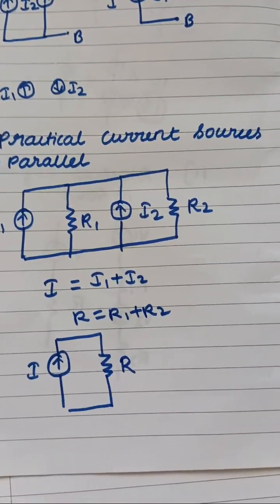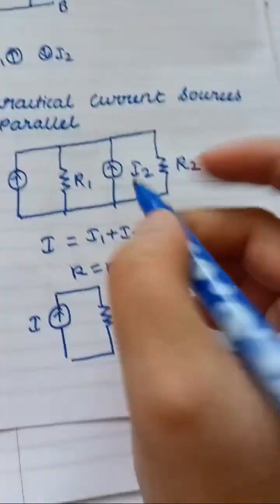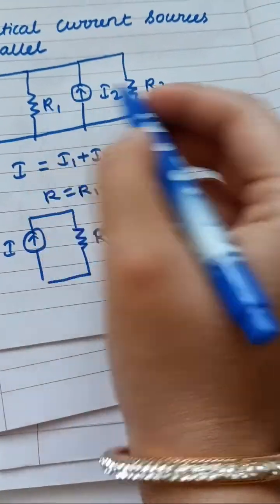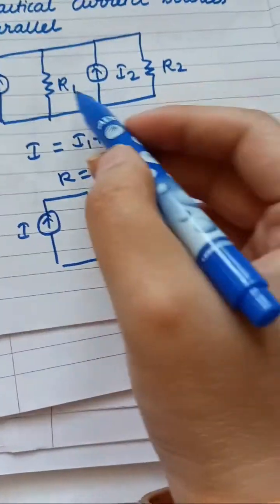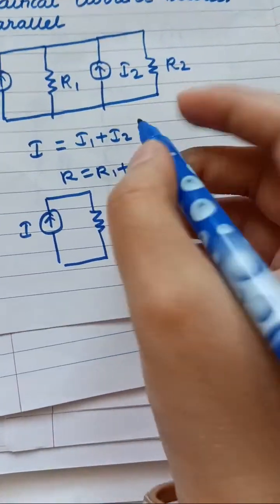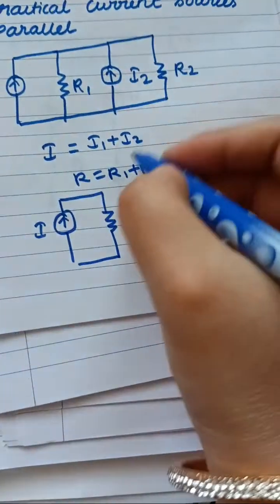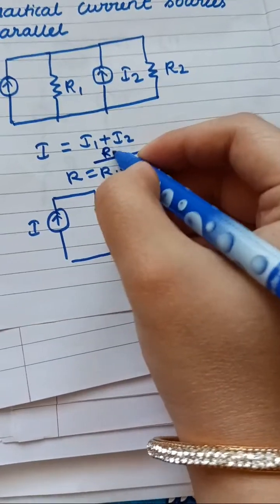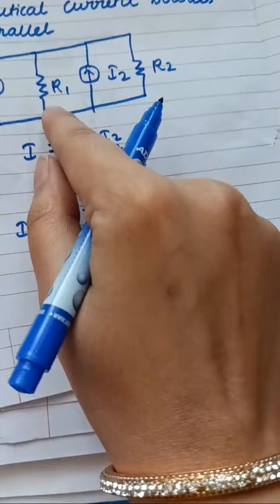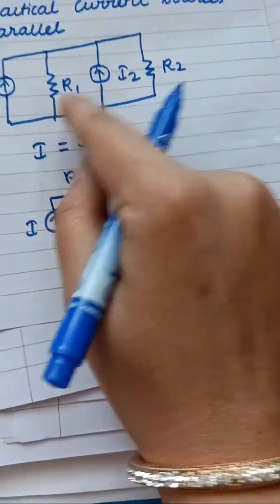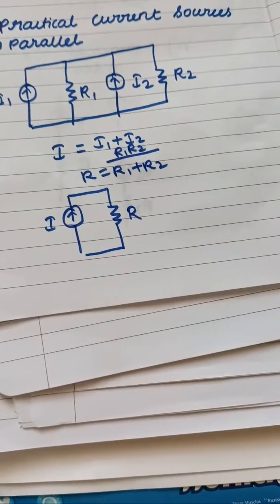R is equal to, this is in parallel, right? I'm very sorry, I forgot to tell you. This is in parallel, right? So what is it when you have two resistances in parallel? It is R1 R2 divided by R1 plus R2, right? If I miss anything, I'll remember it then and there and tell it to you.